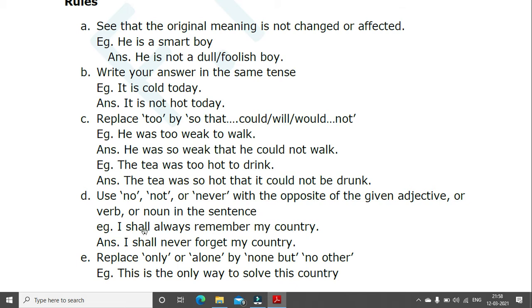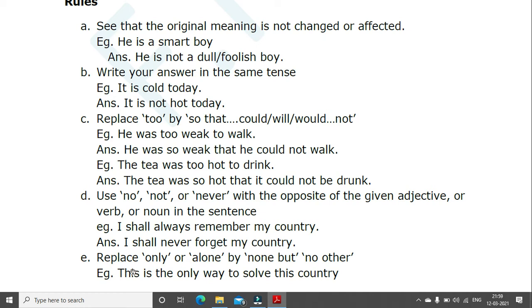So instead of I shall always, use never, no, or not. What is the opposite of always? Never. And the opposite of remember is what? Forget. So this also doesn't change your meaning. Remember I told you don't change the meaning. I shall never forget my country.